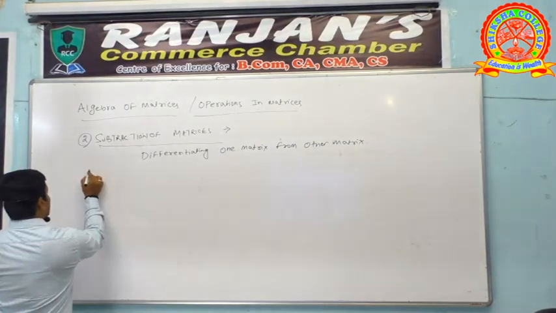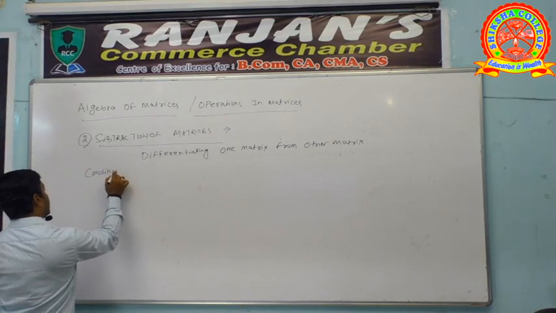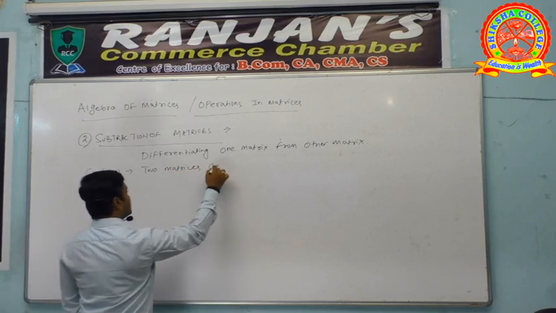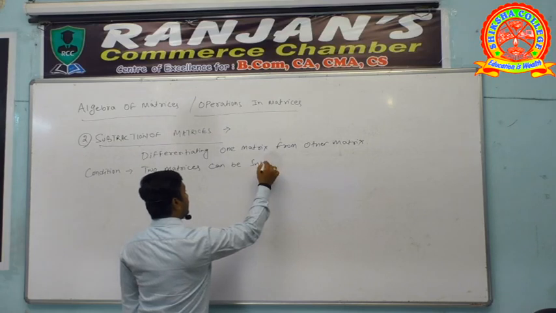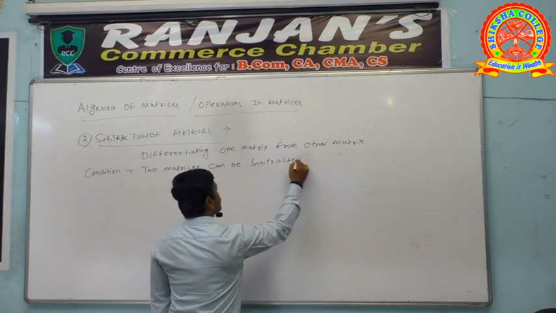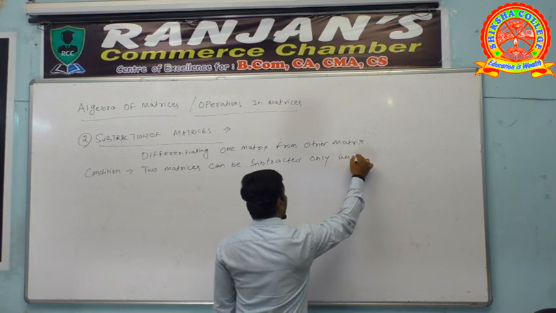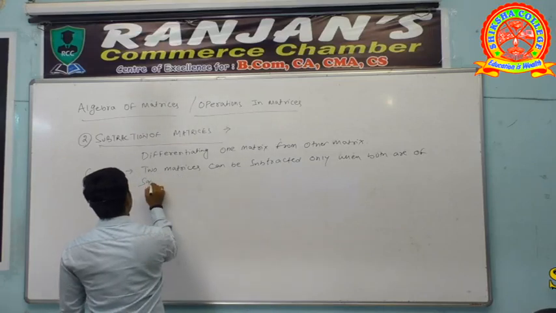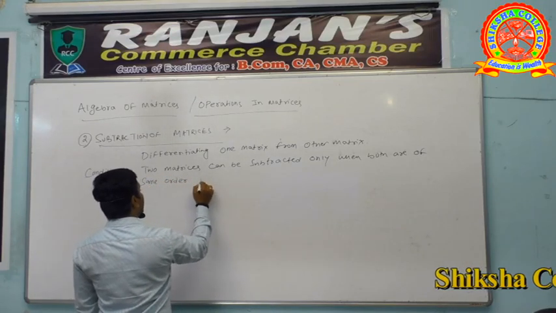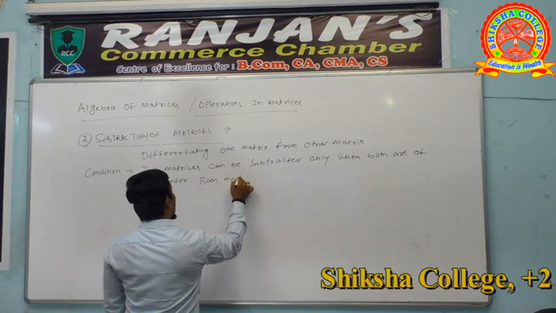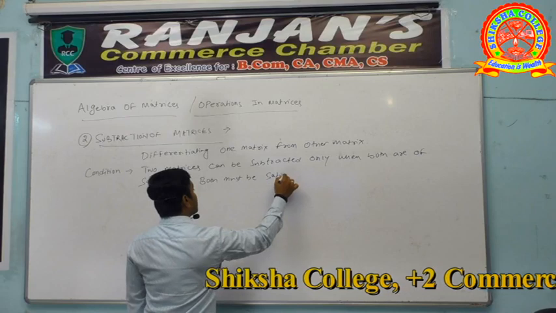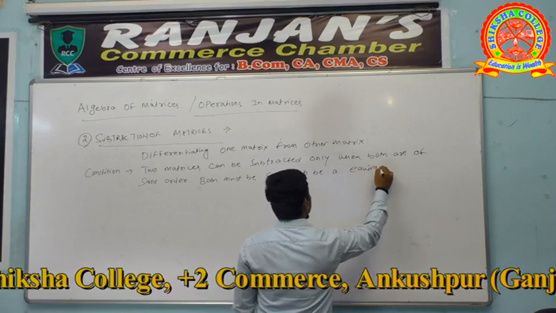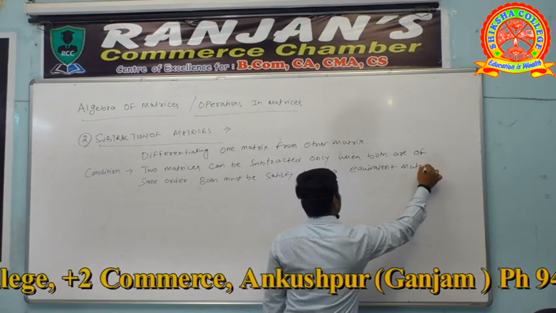Clear? To do so, we must follow a condition: two matrices can be subtracted only when both are of the same order. That is, both must be equivalent matrices.